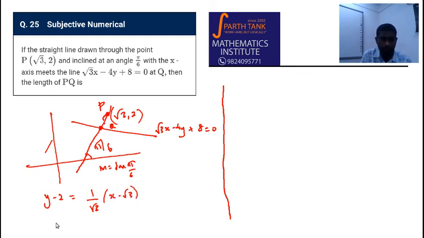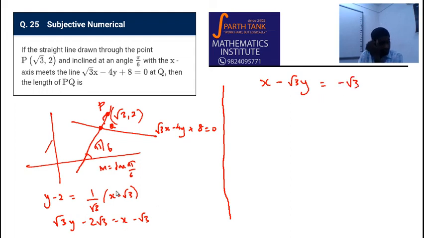If I take the root 3 to that side, I get root 3y minus 2 root 3 is x minus root 3, or x minus root 3y is equal to minus root 3.